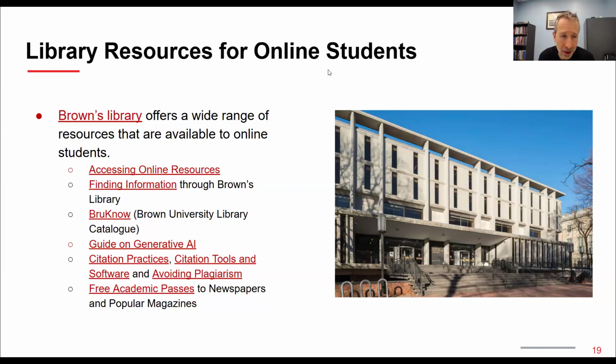There are a ton of journals, databases, data sets, et cetera, all of which are available to you as a student from wherever you are. In fact, I taught last semester, and every single item that I used for my class was available virtually. So this is really a fantastic resource wherever you are, whether you're in Providence or not.